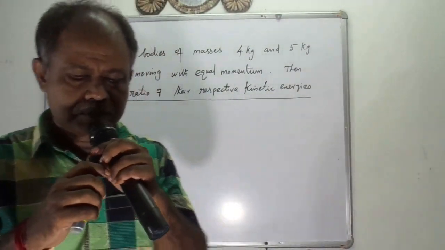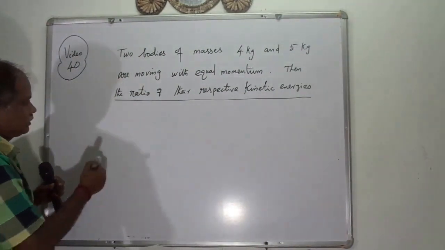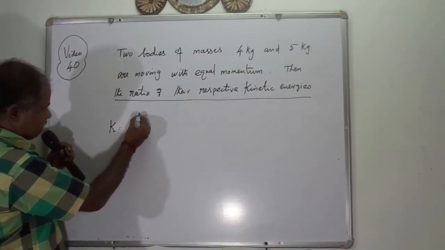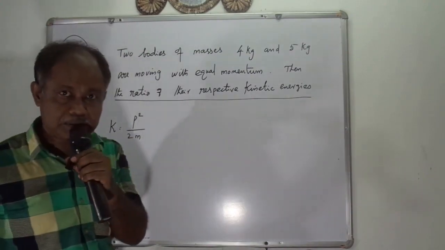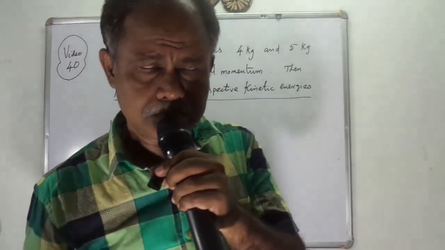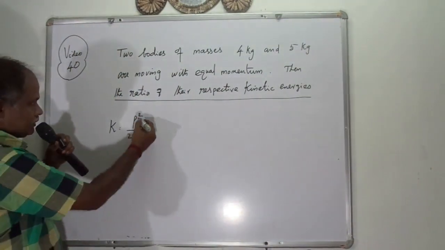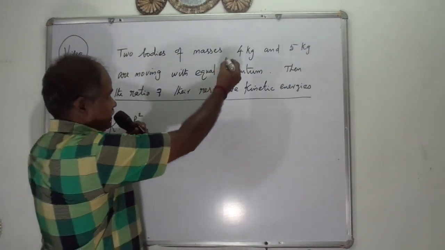The formula for kinetic energy is K is equal to P square by 2m. This is the well-known formula. Here P is the momentum, m is the mass, already given.